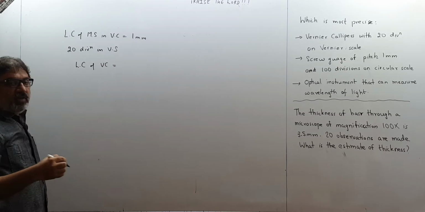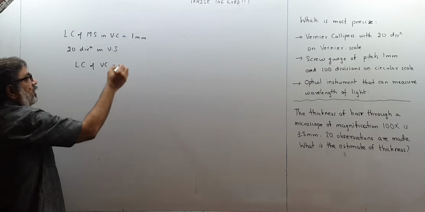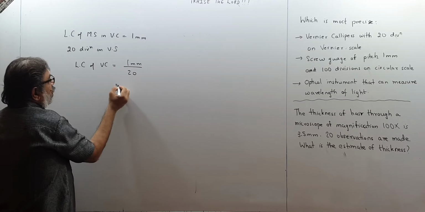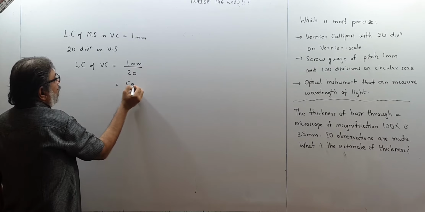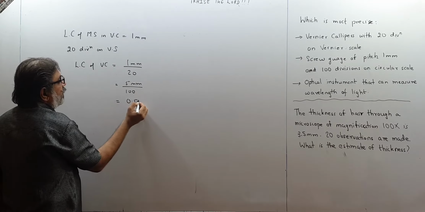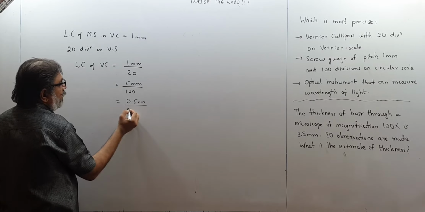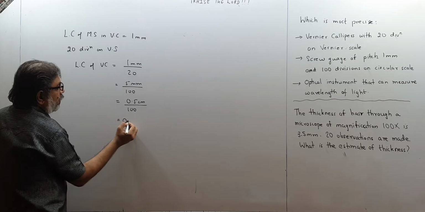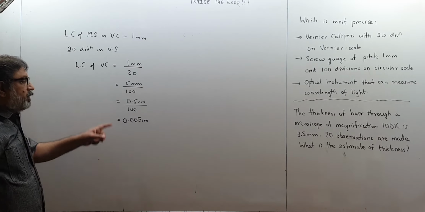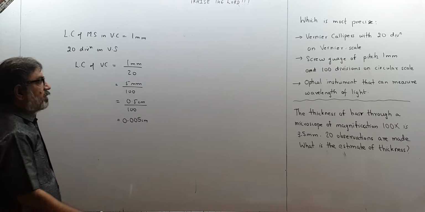So what is the least count of the apparatus? This 1 millimeter is to be divided by 20. So this will become 5 millimeter upon 100. That will be 0.5 centimeter upon 100. That will be 0.005 centimeter. This will be the least count of vernier calipers.